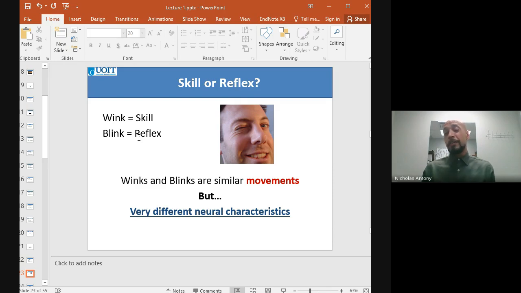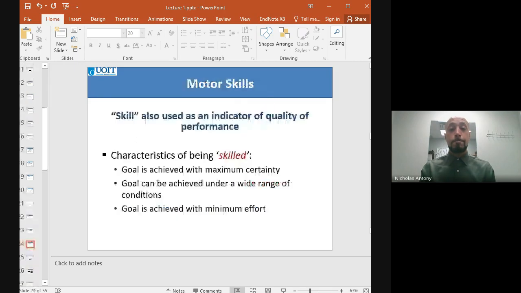I'm voluntarily doing that to get their attention. That is the same motion, but there are two very different neural characteristics. A wink would be a motor skill because I'm consciously doing it. I'm voluntarily trying to achieve a particular goal, versus a blink would be a reflex. So did we notice the difference? The term skill means motor skill.